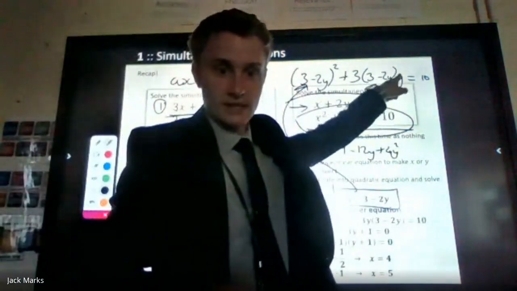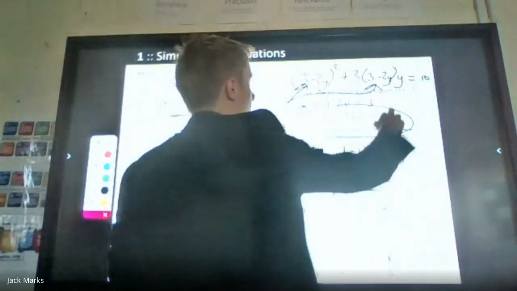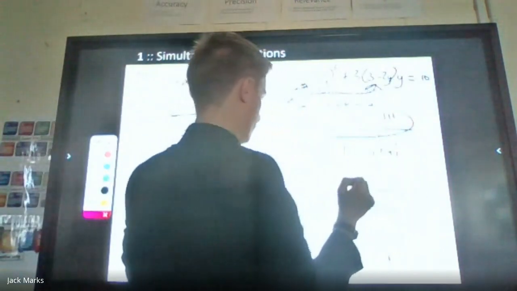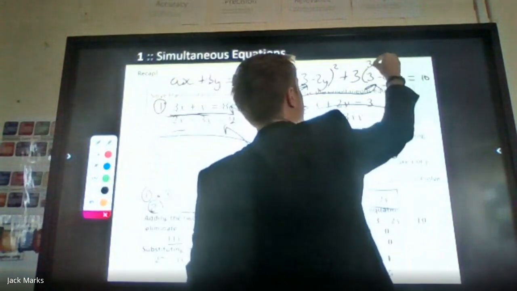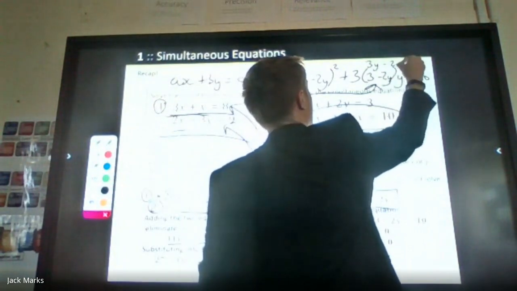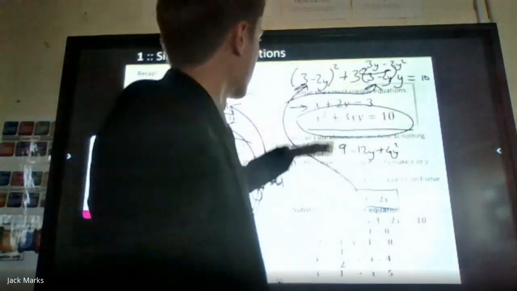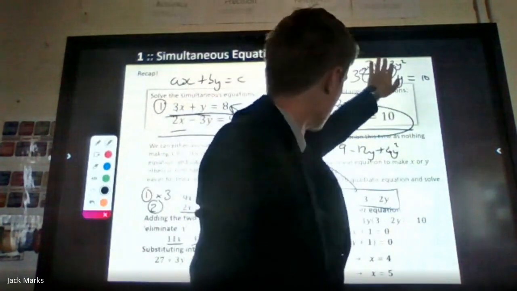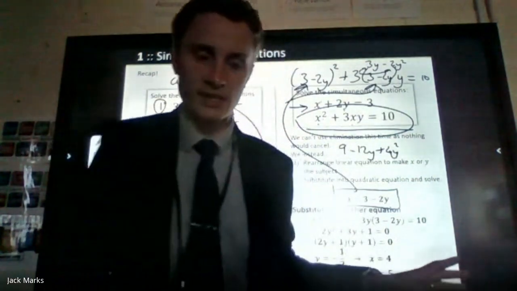Now this part here, these are just 3 parts being multiplied together, so do them whichever order you prefer. I personally like doing the y part first. So I would do 3y minus 2y squared, and then I would distribute 3. So plus 9y minus 6y squared. Okay, we'll do an example on the board in a second.